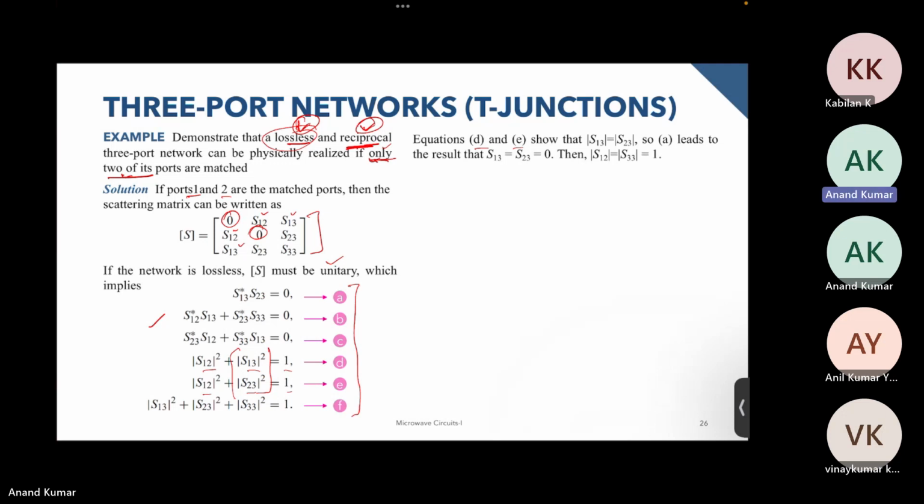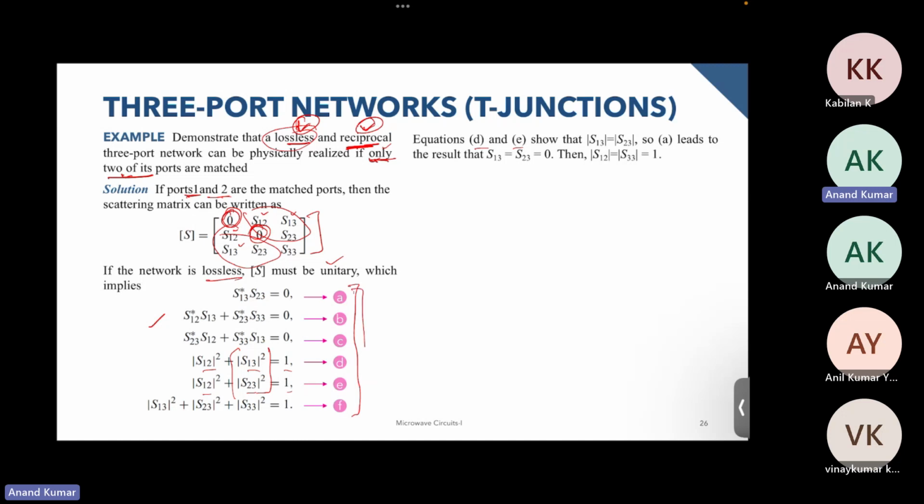Okay, so I hope you were able to follow me till here. We had ports one and two as matched, so S11 and S22 are zero. This network is reciprocal, so we have these elements equal to these elements, and we have this network as lossless, so we have got these six conditions over here.